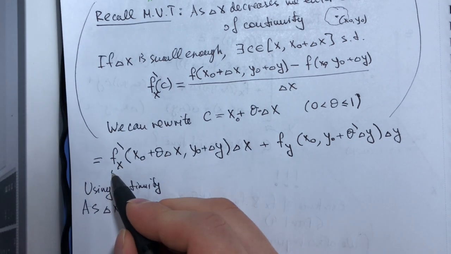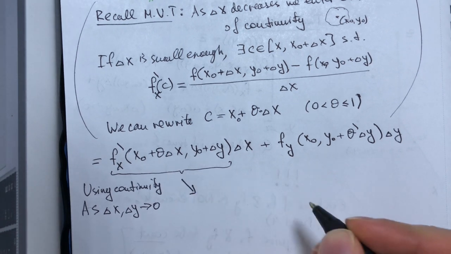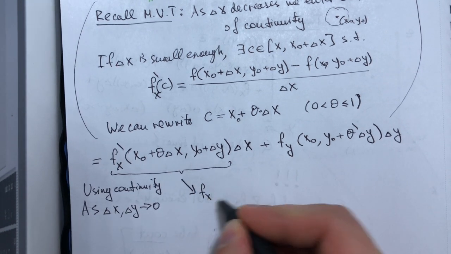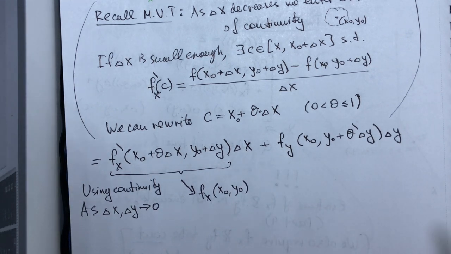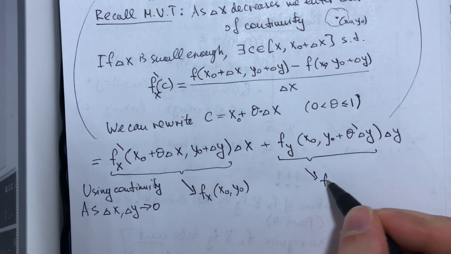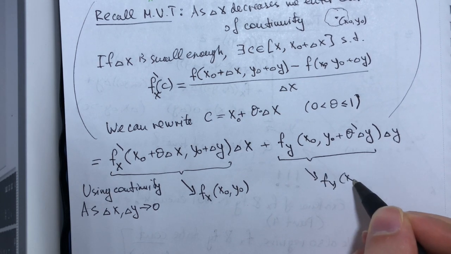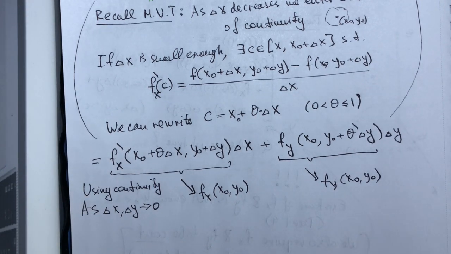We get that this term tends to simply f of x at x naught, y naught, and this term tends to f of y at x naught, y naught, which is exactly what we need.